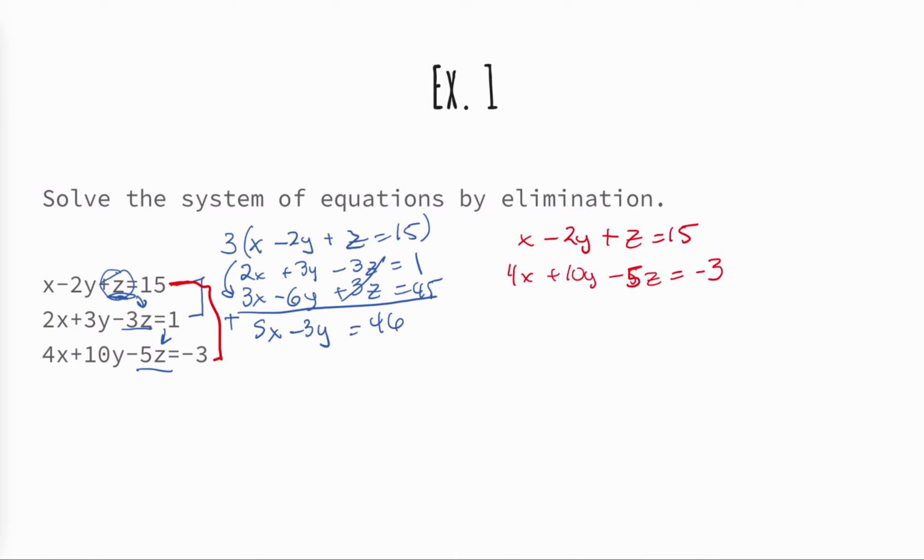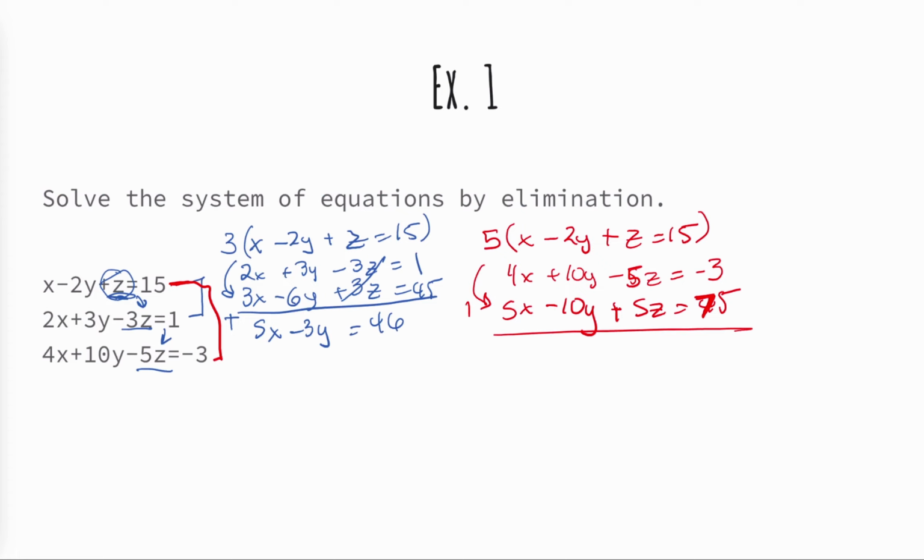We want to cancel the z's out, so this time we're going to multiply this one by 5. So that's going to be 5x minus 10y plus 5z equals 75. I can do basic multiplication.